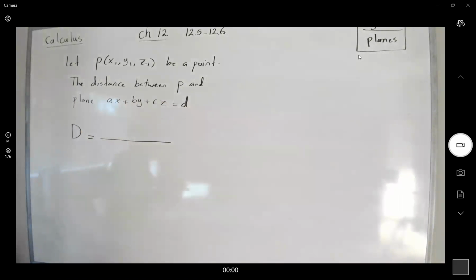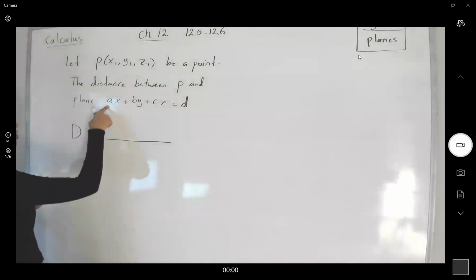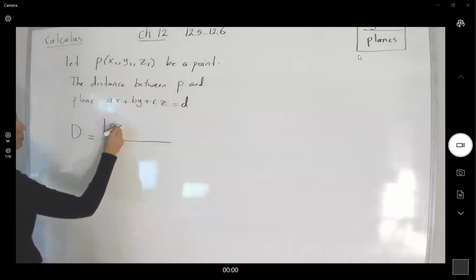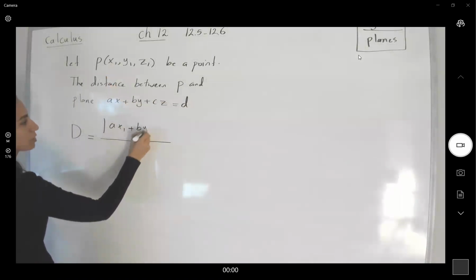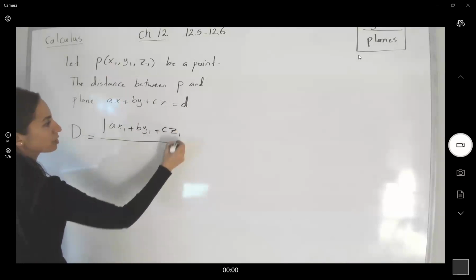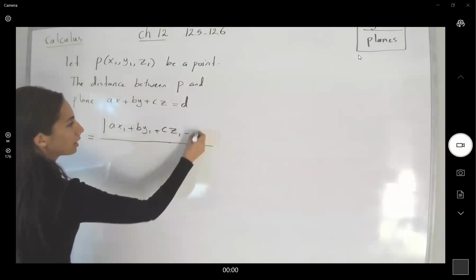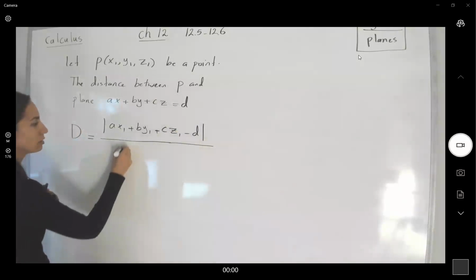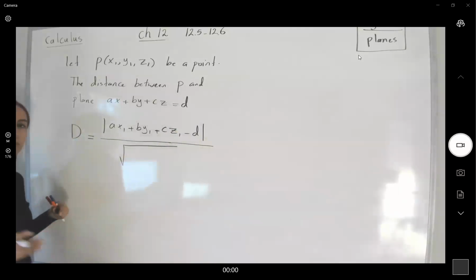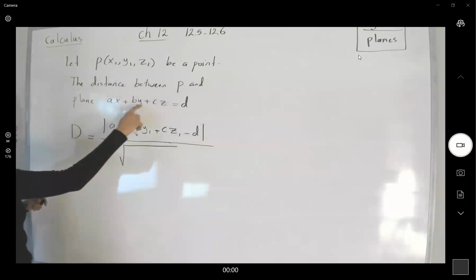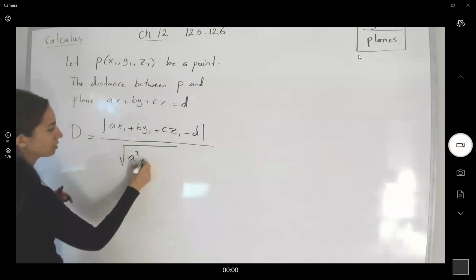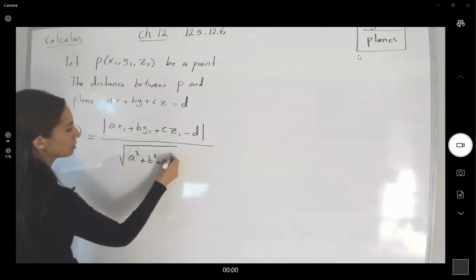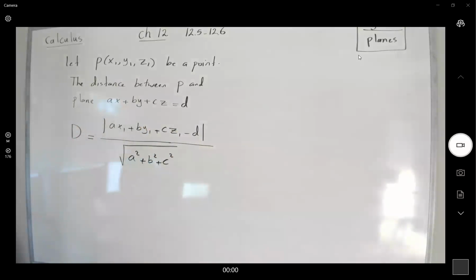On the numerator, we have a times x1 plus b times y1 plus c times z1 minus d, divided by the square root of, we're going to divide that by the magnitude of the normal vector, a squared plus b squared plus c squared. The distance formula.